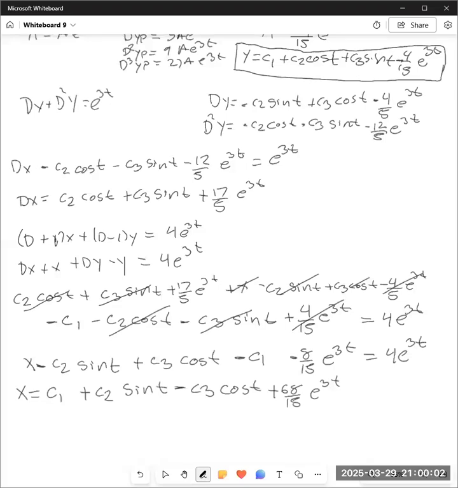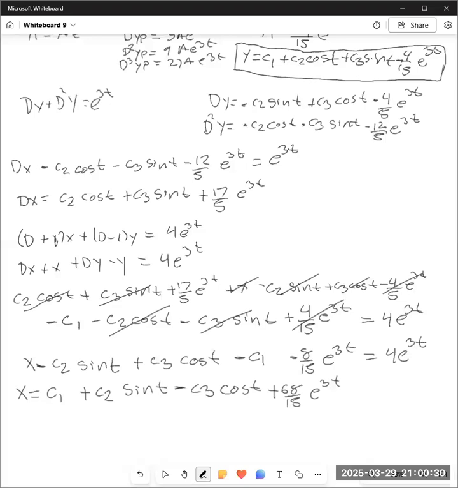I've missed a negative 17 over 15. Where did I miss that? dx, there it is right there.